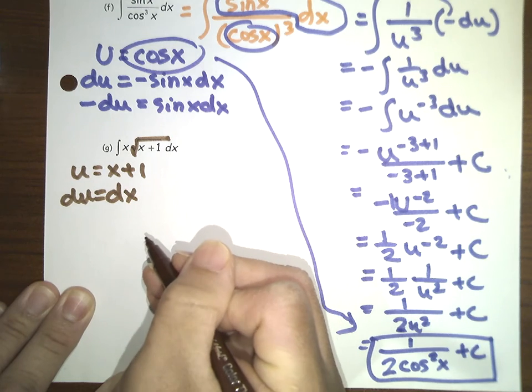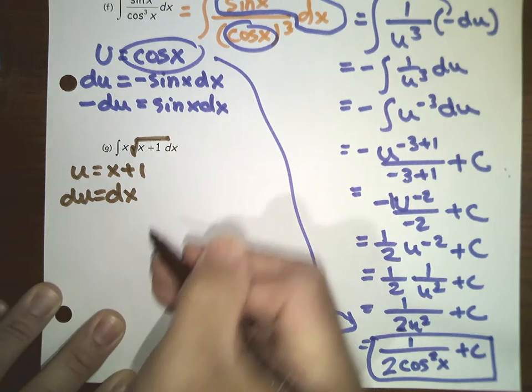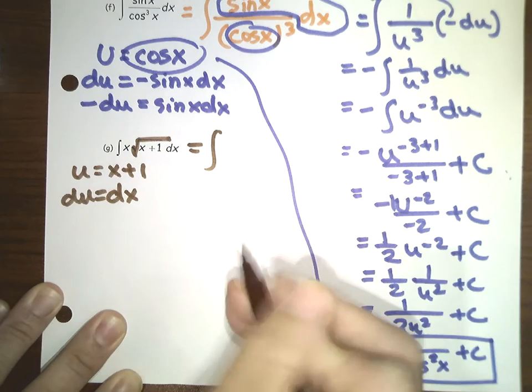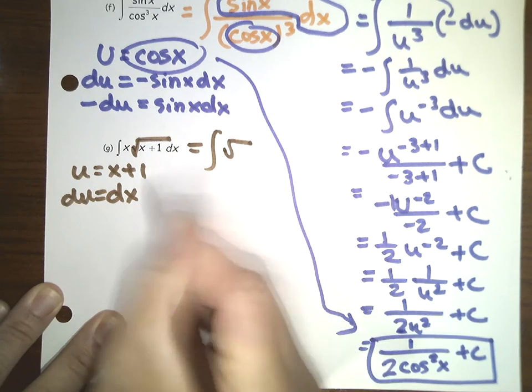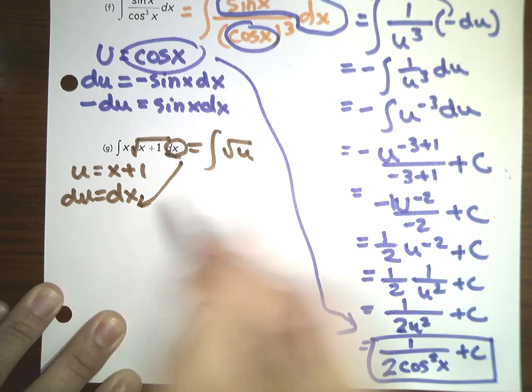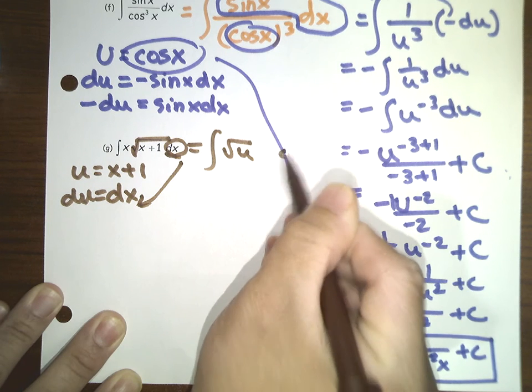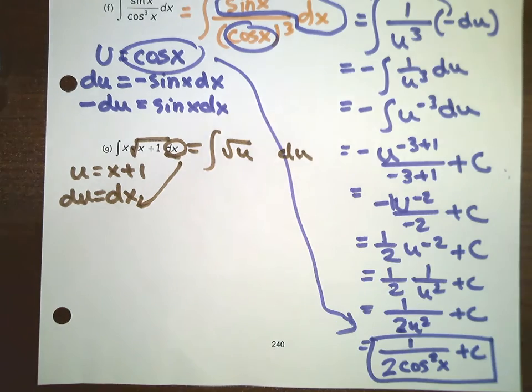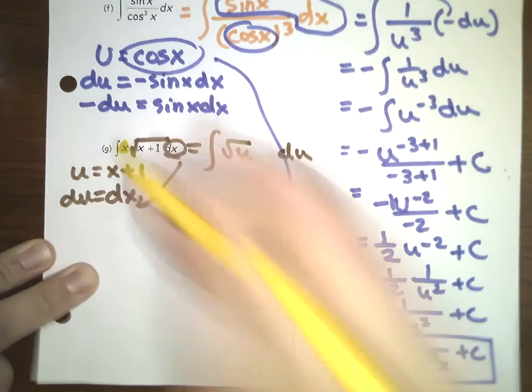So this one is a little bit trickier, right? Because I know that I have under the square root u, and I have the dx is equal to du, but what is the x here equal to?